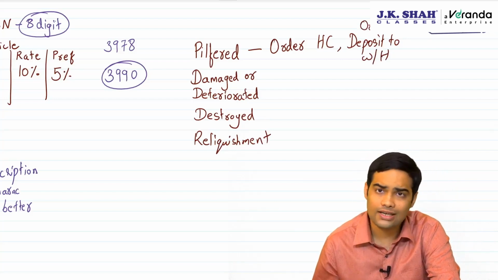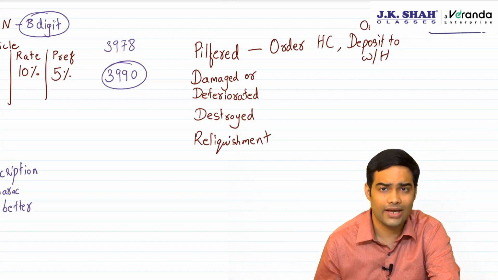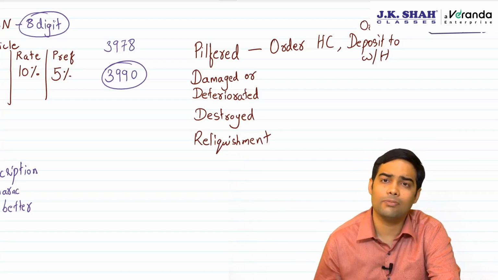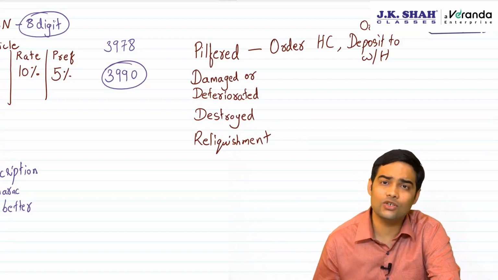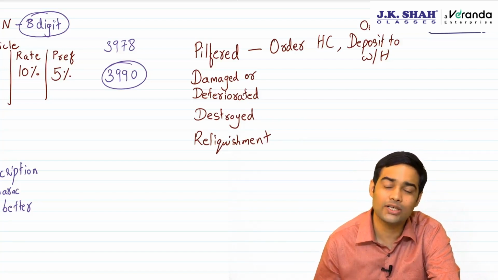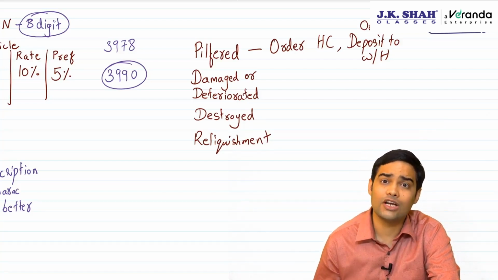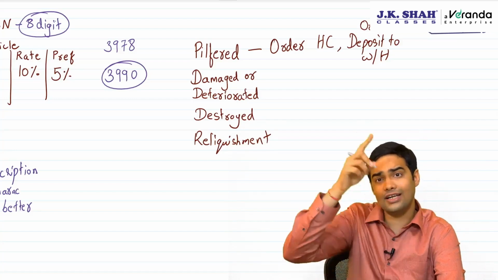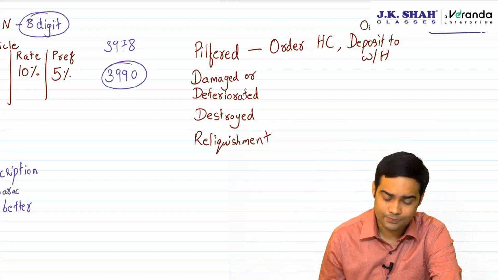Say suppose goods are pilfered before entering into India, then import has not happened, no need of paying custom duty. Say suppose it is pilfered at the time of unloading or before clearance for home consumption or before order for deposit to warehouse, again custom duty will not be applicable.